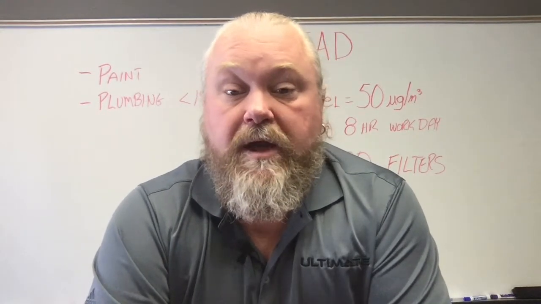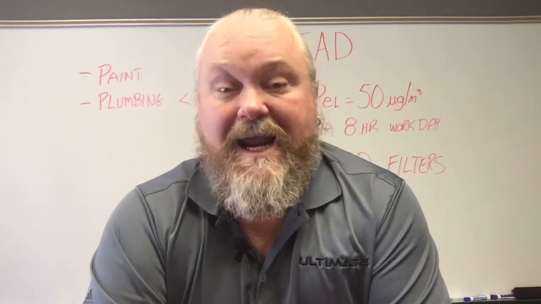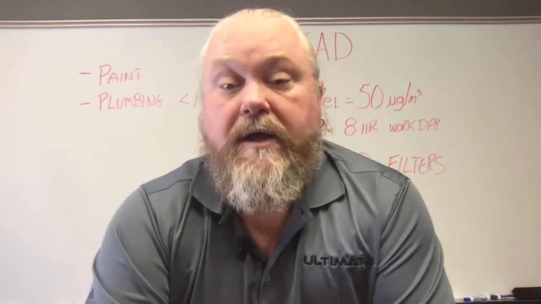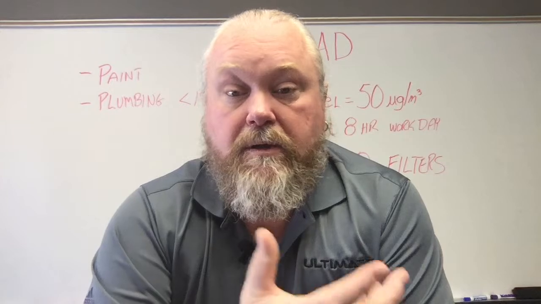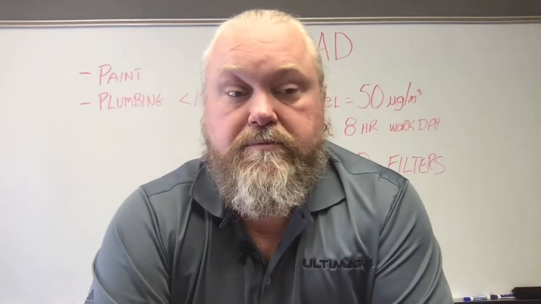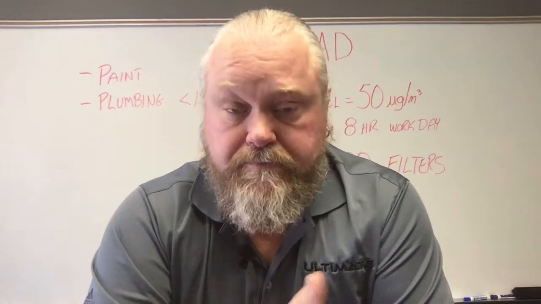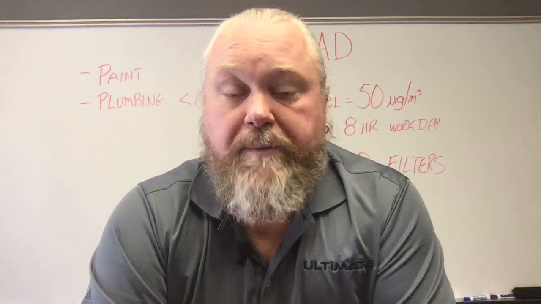Now, another place that you can find lead is in old plumbing. Anything before 1980 was lead soldered together. So your copper as well as your black iron, your drainage systems, especially down in New Orleans, their waste piping systems down there.